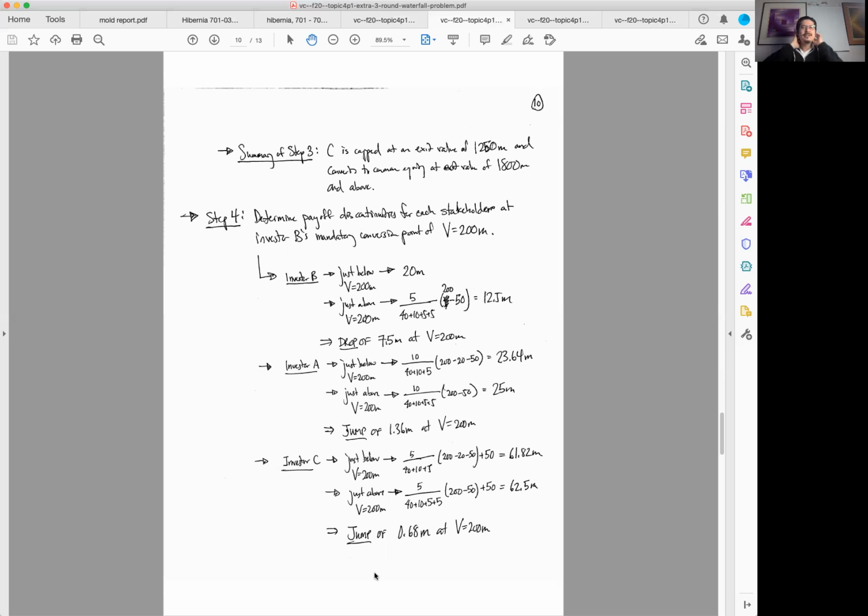Because literally there's an infinite number of possibilities with these waterfall analyses. You can't cover them all.